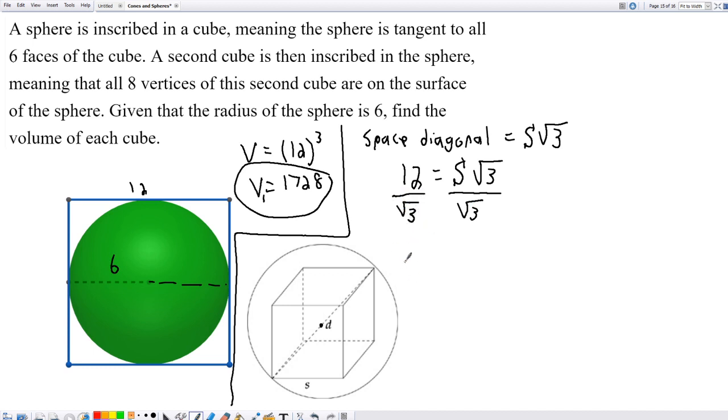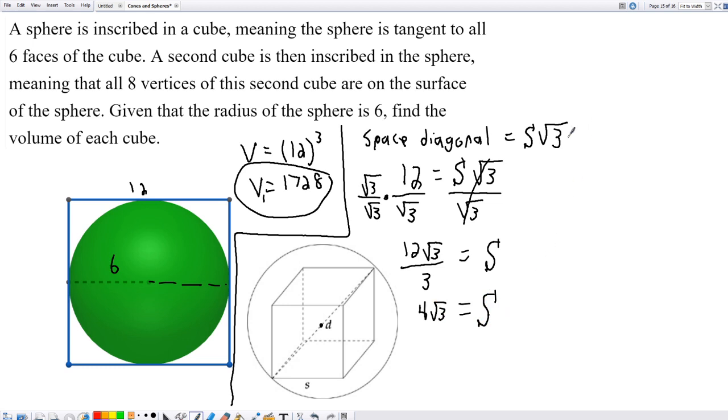And in order to do this, we would have to do multiplication by the square root of 3 over the square root of 3. So when this simplifies, this cancels out. The side length is equal to 12 times the square root of 3 over 3, which is further reduced. Well, 12 divided by 3 is 4, so it's 4 times the square root of 3 is the length of the side.